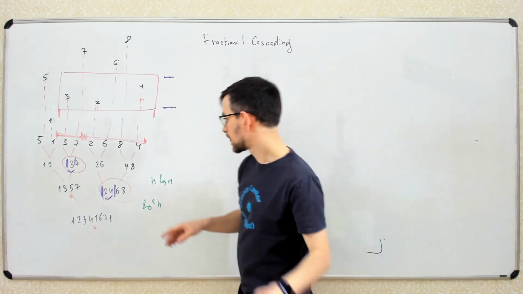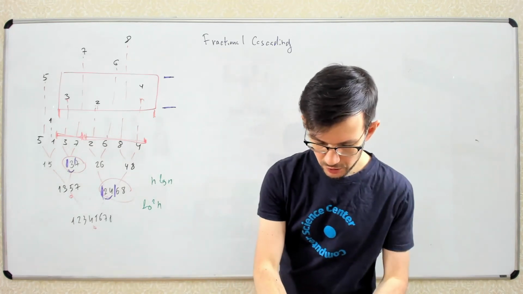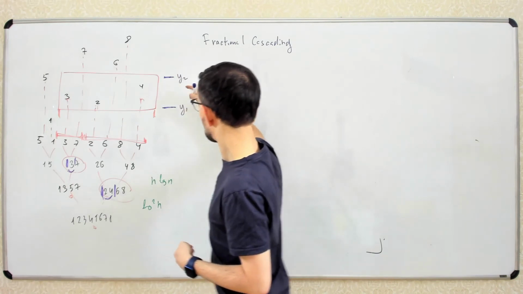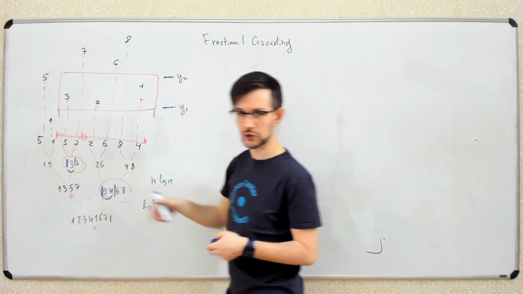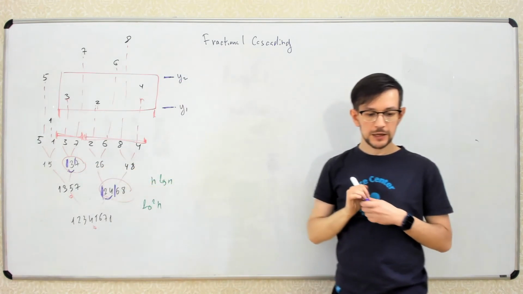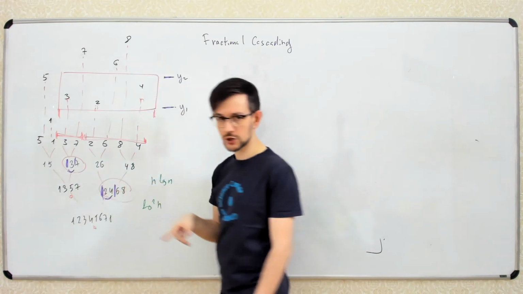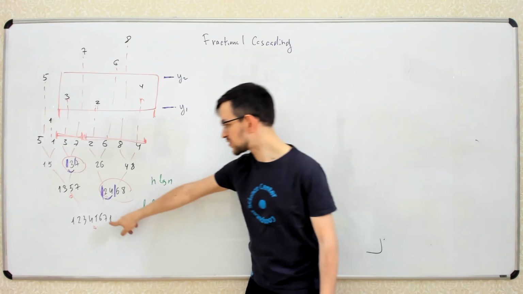So let's see. We need to find these 2 positions, y1 and y2, in these 2 sorted arrays. Instead of making these 2 binary searches, we will make only 1 binary search, and we will make it in this first array.